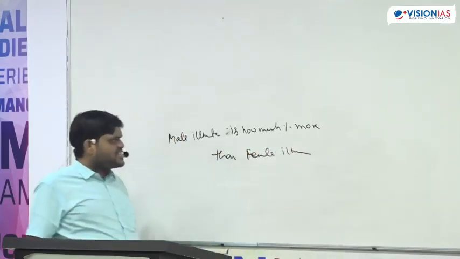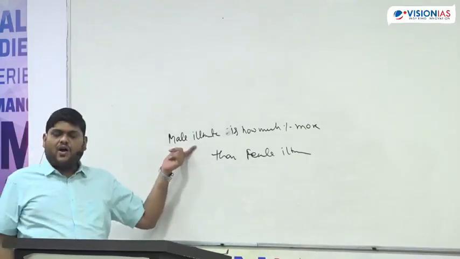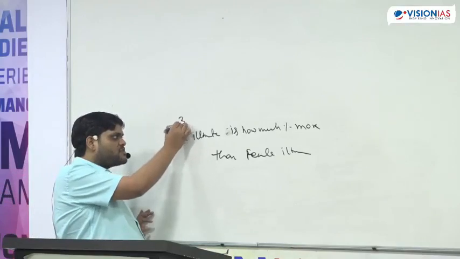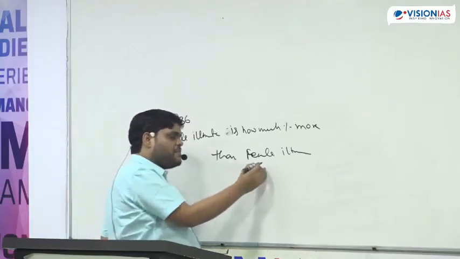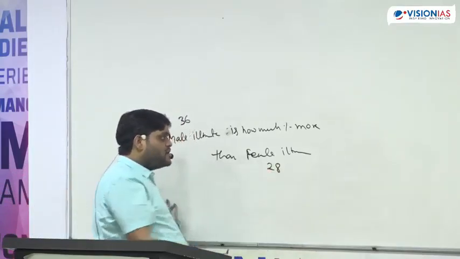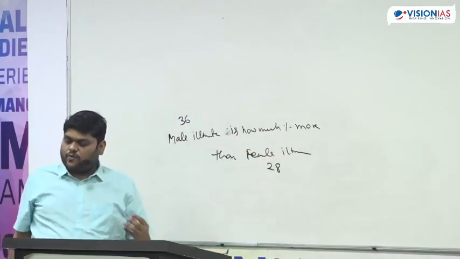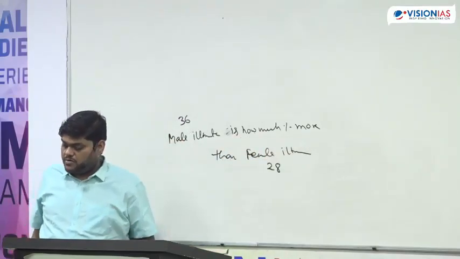So we have just seen what the male illiterate is. Male illiterate was 36 and female illiterate was 28. So the question is how much percent more? So we know what the meaning of percent more is.